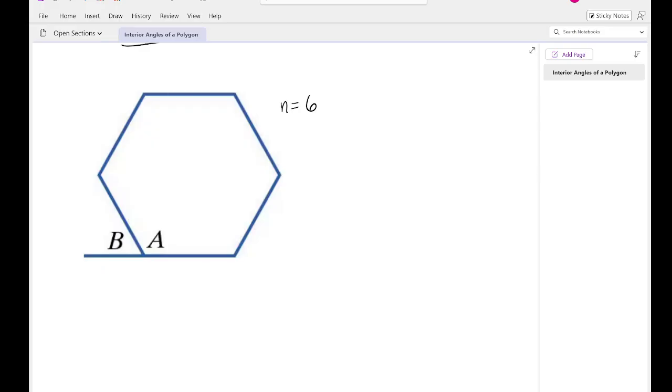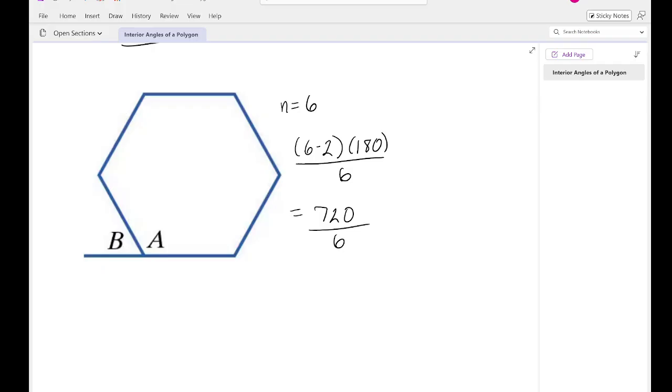So I can actually find A, which will help me find B. So first off, I need to find out the measure of angle A. So I know from our formula up top, 6 minus 2 times 180 divided by 6. So if I do the top first, that's going to give me 720 divided by 6.